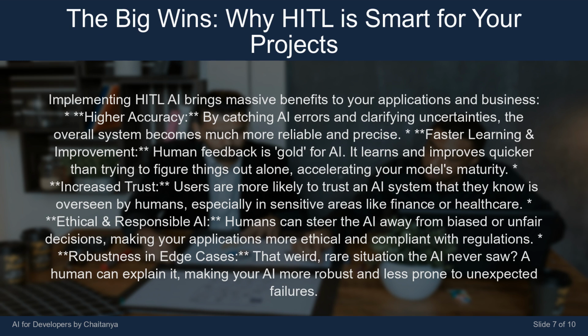Users are more likely to trust an AI system that they know is overseen by humans, especially in sensitive areas like finance or healthcare. Ethical and responsible AI. Humans can steer the AI away from biased or unfair decisions, making your applications more ethical and compliant with regulations. Robustness in edge cases. That weird, rare situation the AI never saw? A human can explain it, making your AI more robust and less prone to unexpected failures.